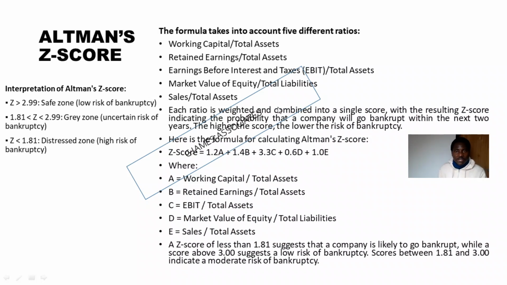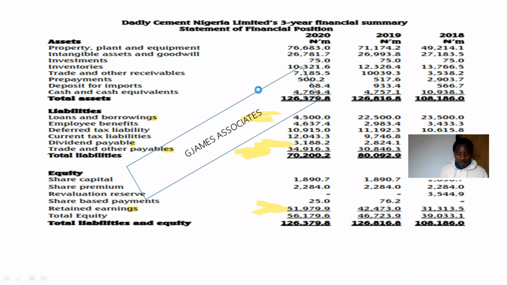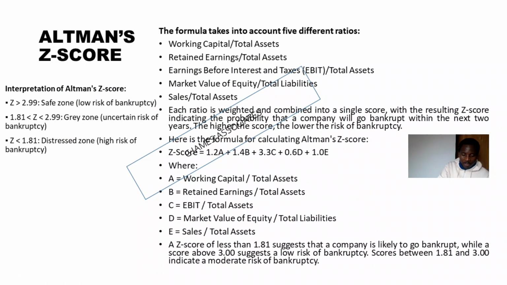Please, in the exams, if you try to look for market value and you observe that you were not given, please use your net book value or total asset value that you will be given.